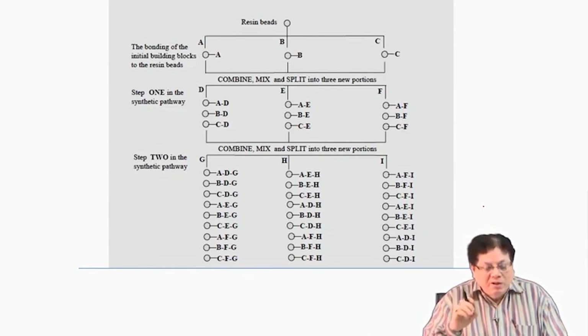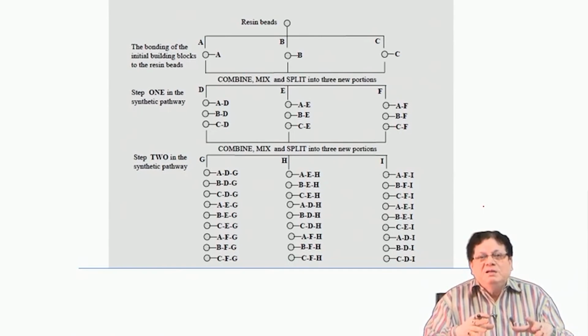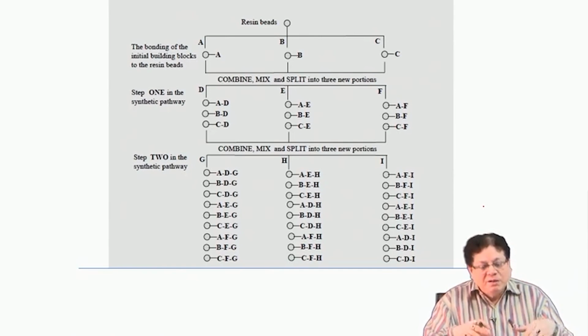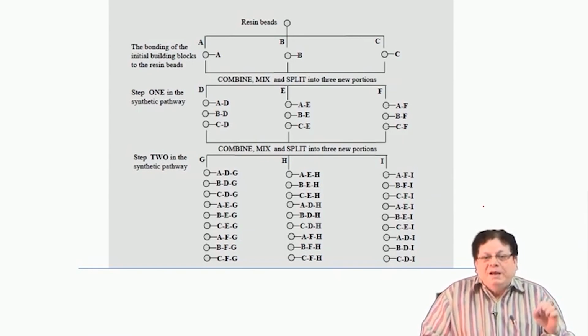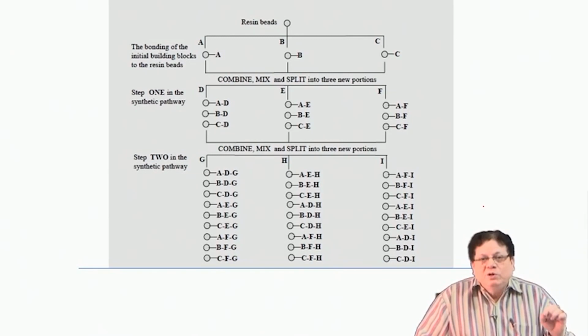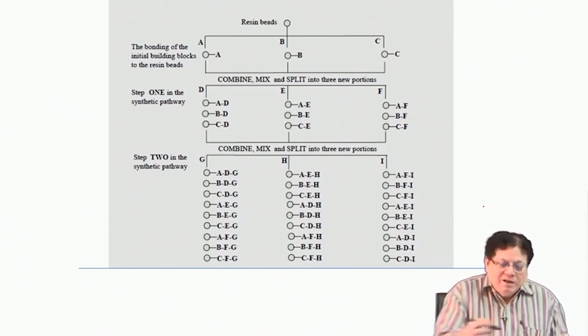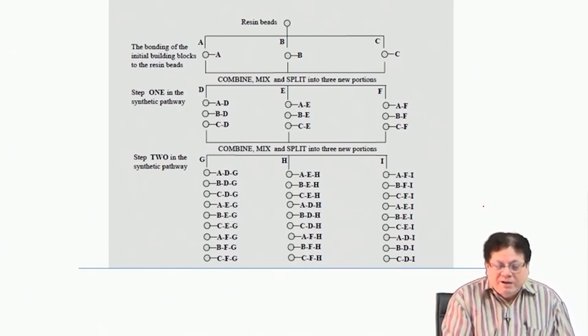It is a collection of beads and a collection of different compounds, but the only thing you know is that each bead is connected to only one type of compound, and you do not know which bead it is. So, let us start from where we ended.